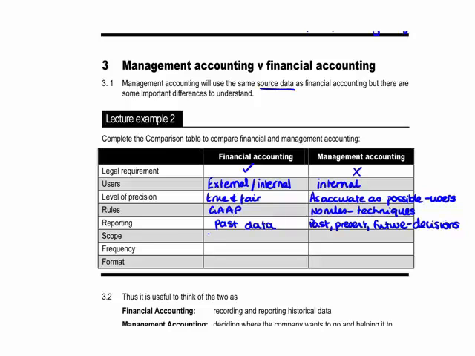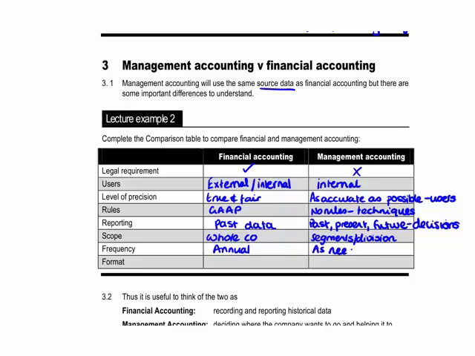Financial accounts will be the consolidated or aggregated accounts for the whole company, whereas management accounts can be split into segments or divisions, or indeed it could be the whole company. It's going to be as is needed by the company. Financial accounts will be published as an annual requirement.